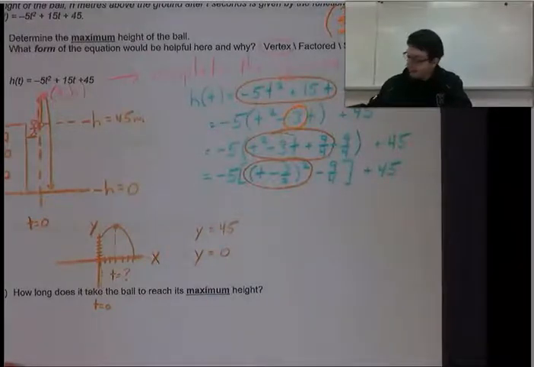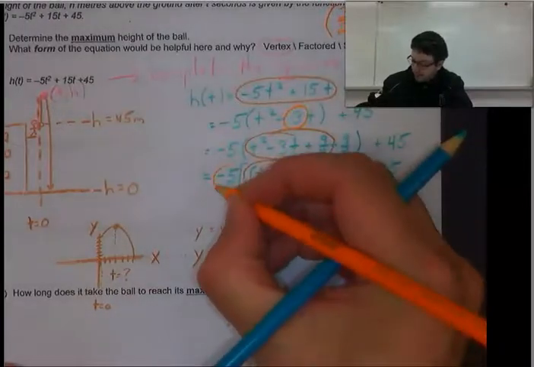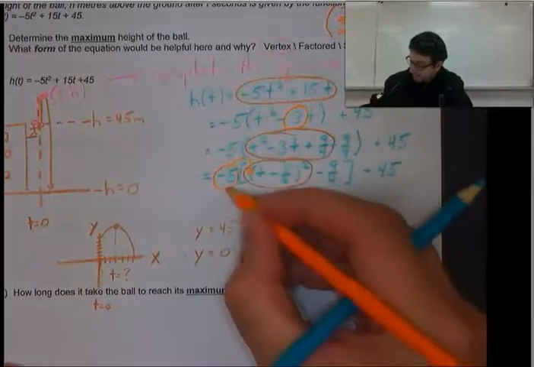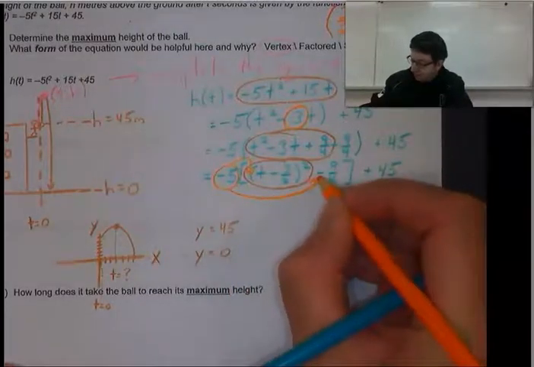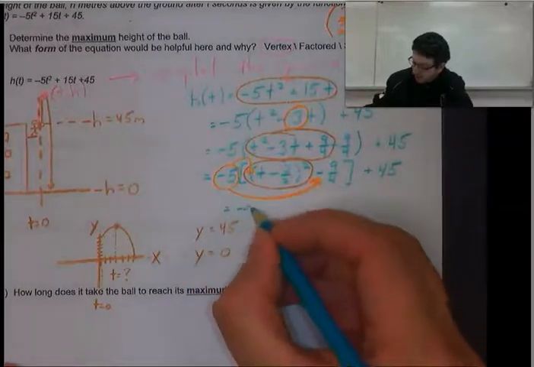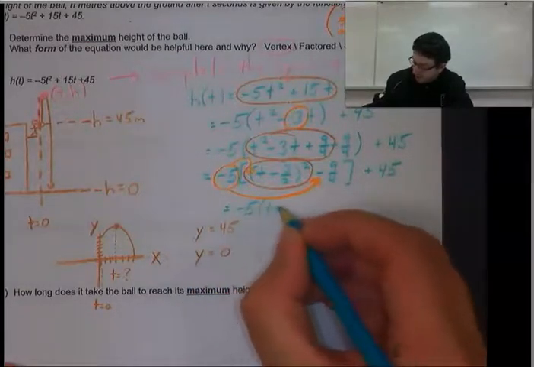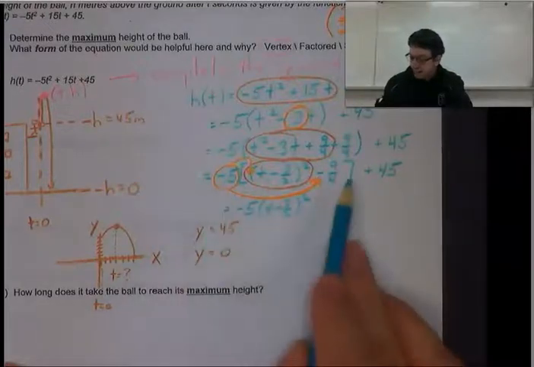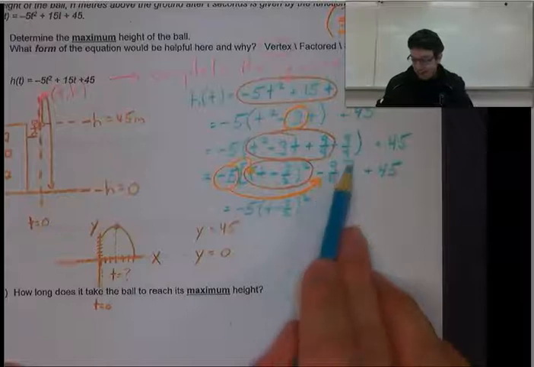Okay, next step, take this negative 5 and distribute it into the bracket there and here. So we first get negative 5 times this t minus 3 over 2 squared. And then we get negative 5 times negative 9 over 4.